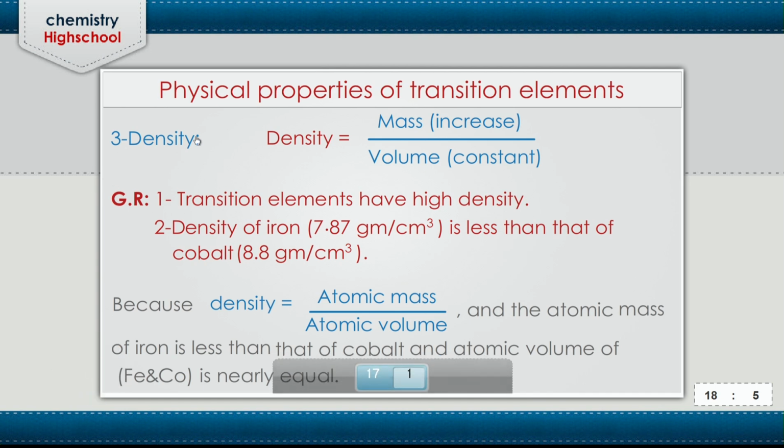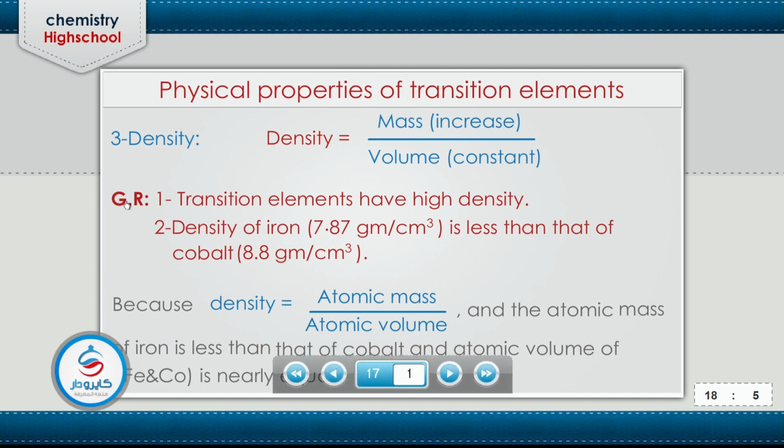The third property of the transition elements is the density. We know density equals mass divided by volume. In the transition elements, the mass increases and the volume is nearly constant. So we have a question here. Give reason. Number one, transition elements have high density.